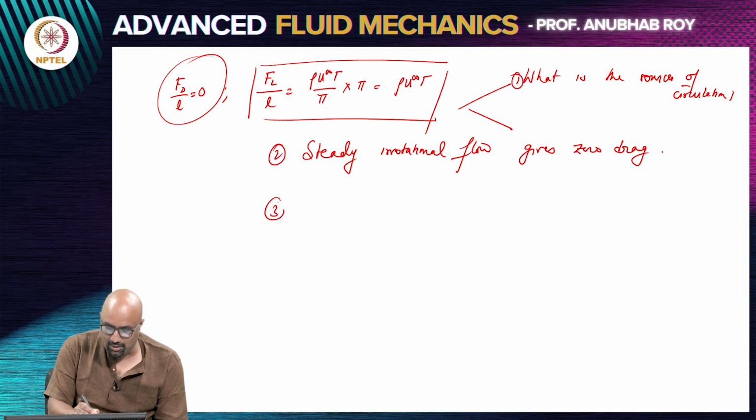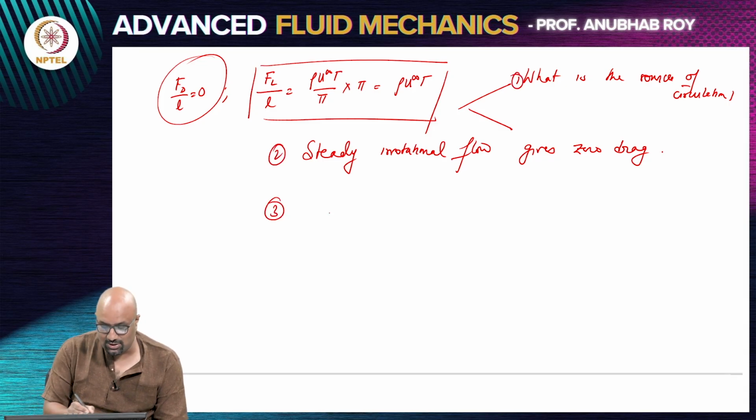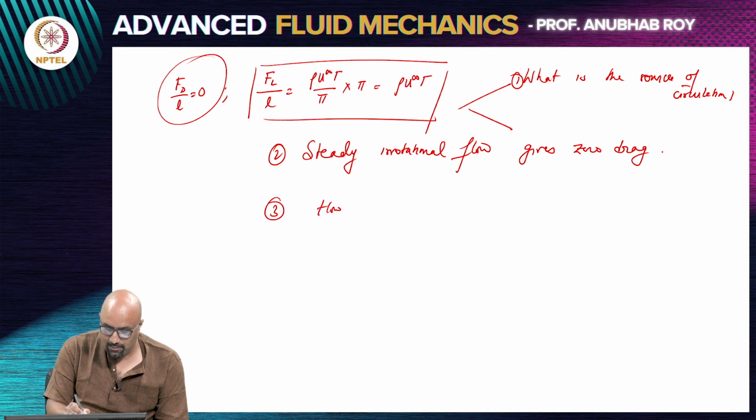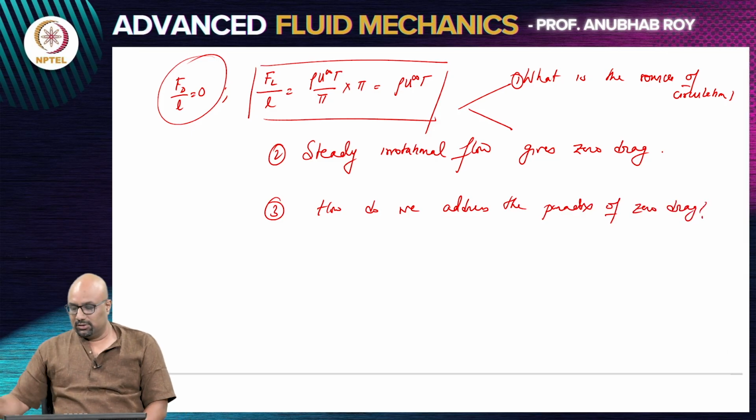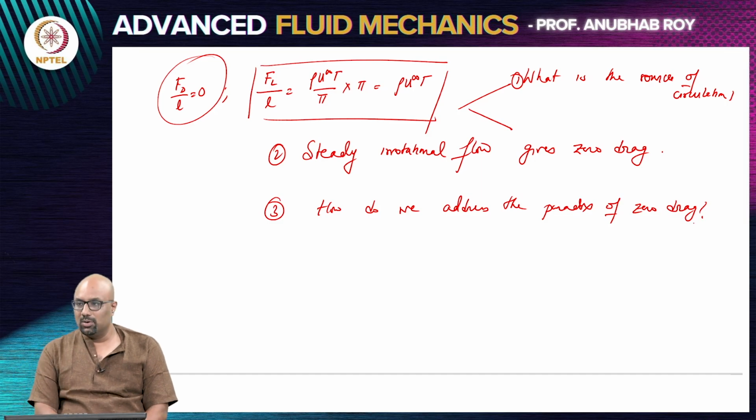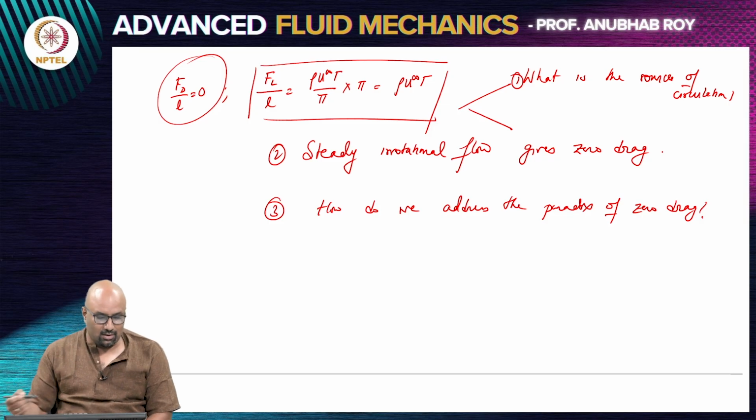And the final point from there where we move on to the next section is how do we address the paradox of 0 drag. So, these are things which we will look into in upcoming lectures. Okay. So, with that I will close today's lecture.